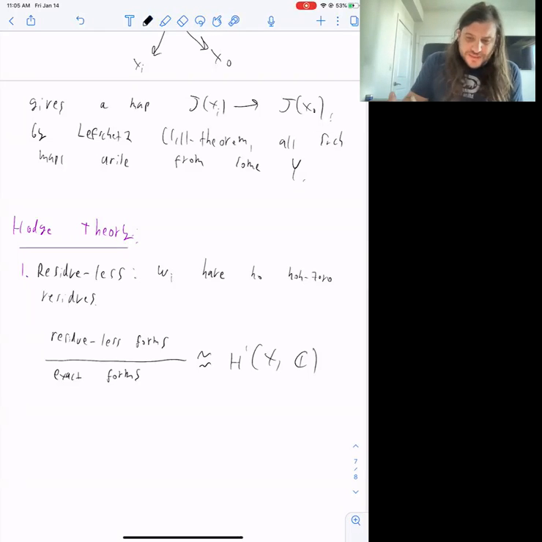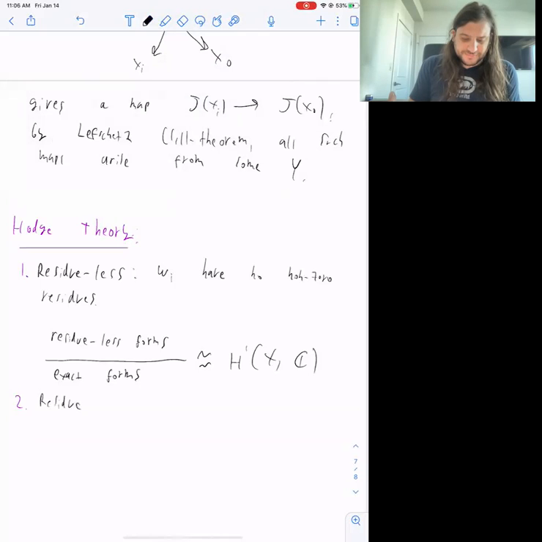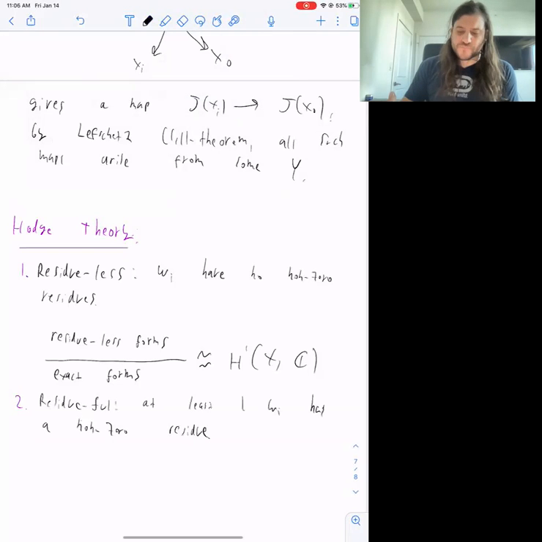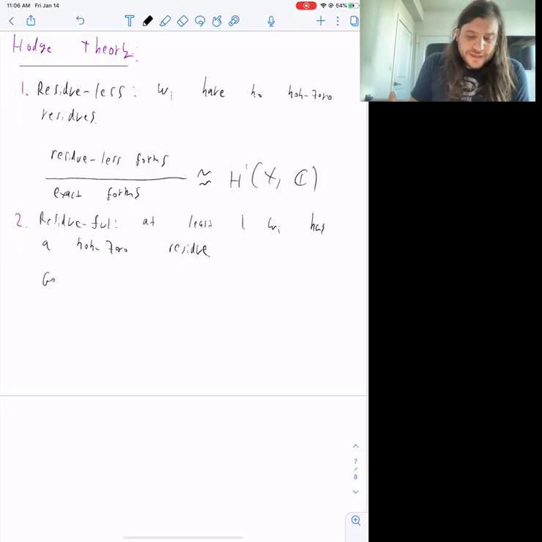And the second case, which I think is quite nice and behaves quite differently, is the residue-full case, which is that at least one omega i has a non-zero residue somewhere. In this case, what you can show is the minute you're integrating a form that has a non-zero residue somewhere, you automatically obtain the logarithm function.